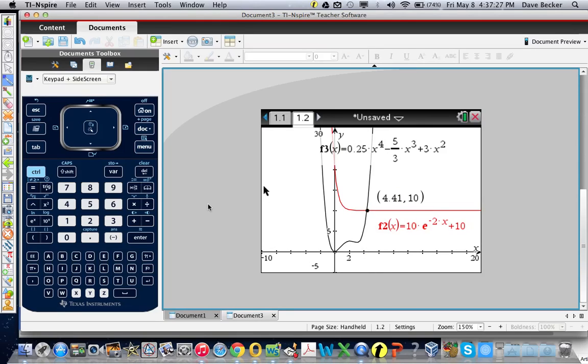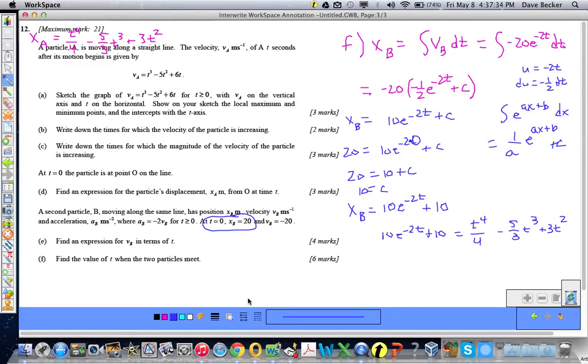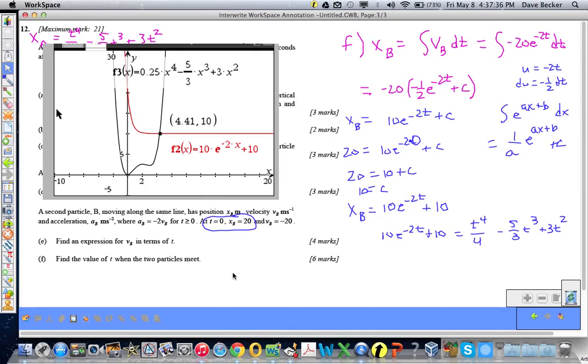I'm going to take a picture so I can sketch the graph nicely, because you do need to sketch the graph, remember. We're going to go back, and there it is. So find the value of t. We know that t is approximately equal to 4.41.